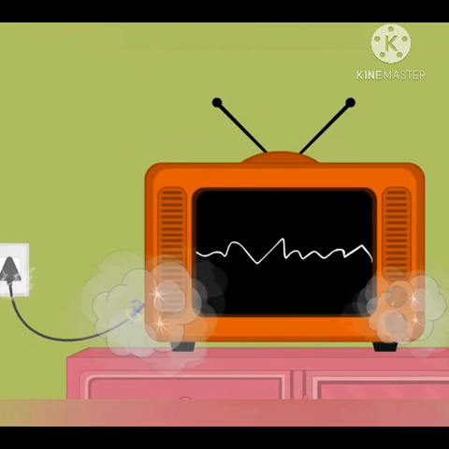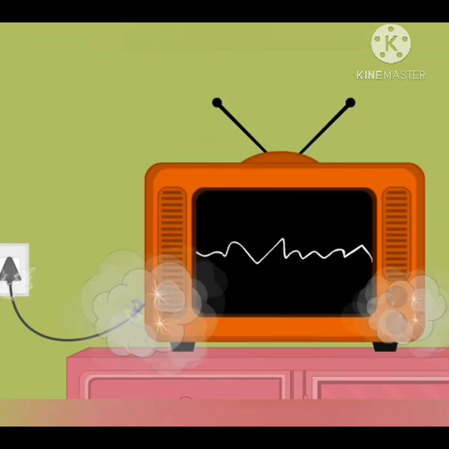Now see, the TV is damaged. If you remember, during festival season, or if you visit the mall, you will see there are various exchange offers. Give your old TV and get a discount on a new TV.